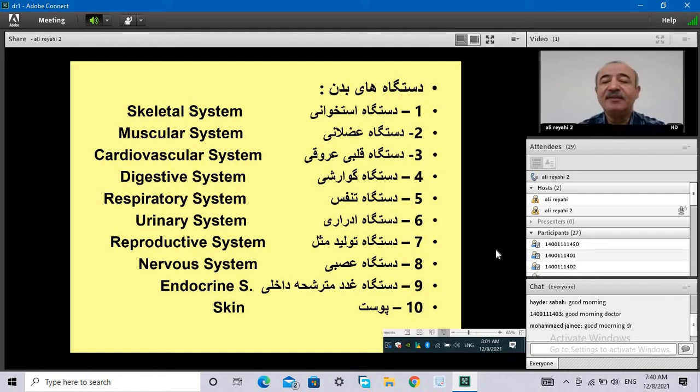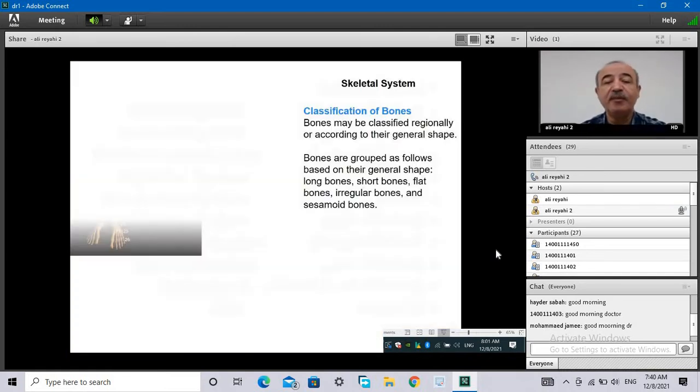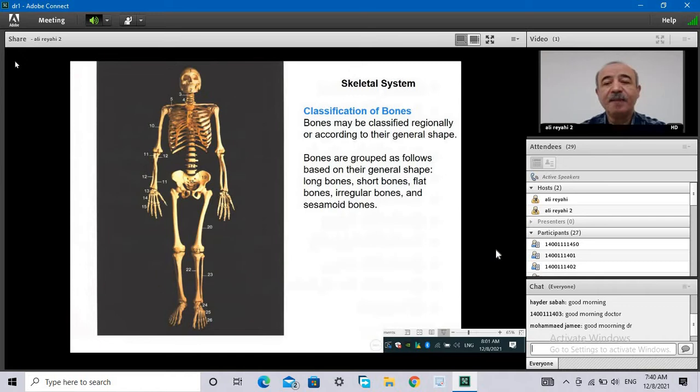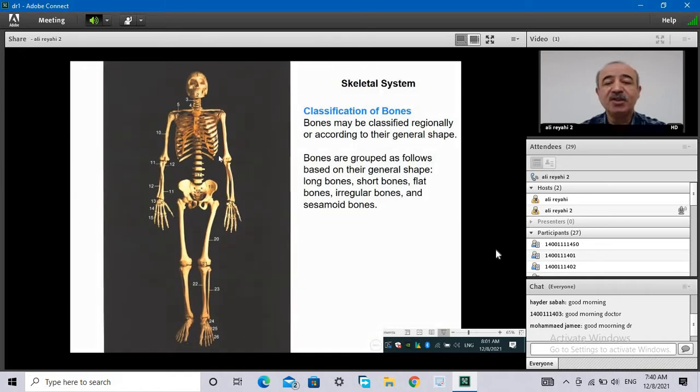And if you remember, in the previous lecture I talked about the skeletal system, and I described the different types of bones in the body, like this. You saw this picture in the previous lecture, the bones that form the skeletal system.